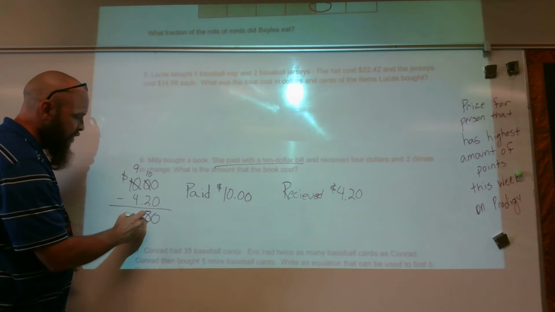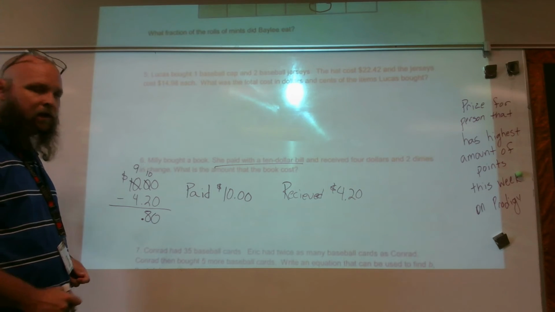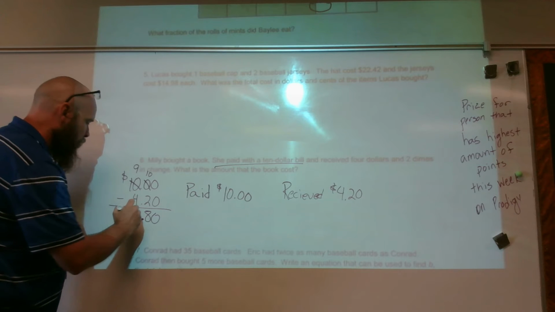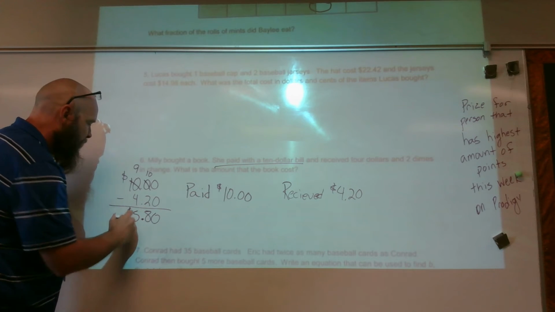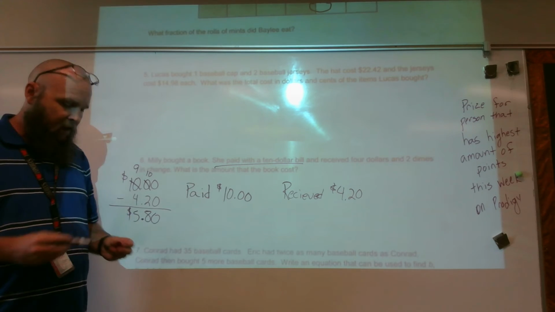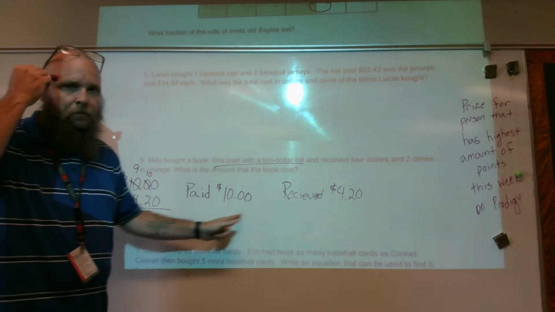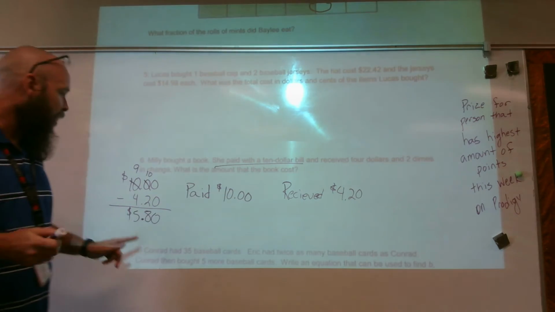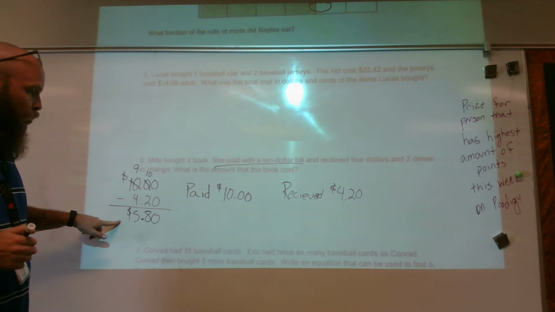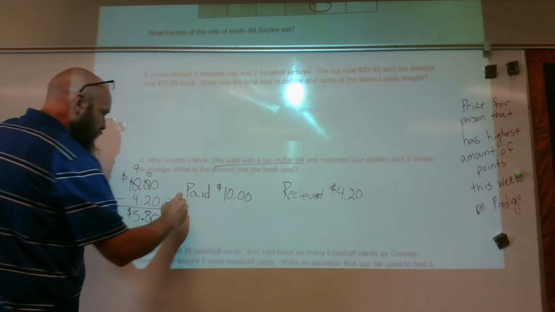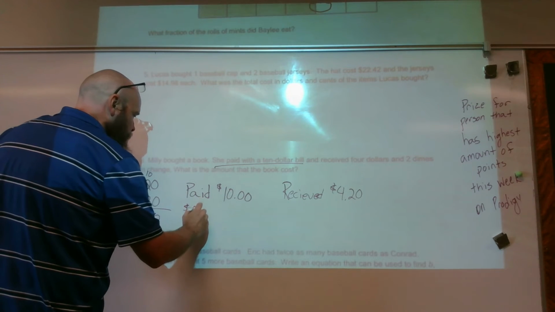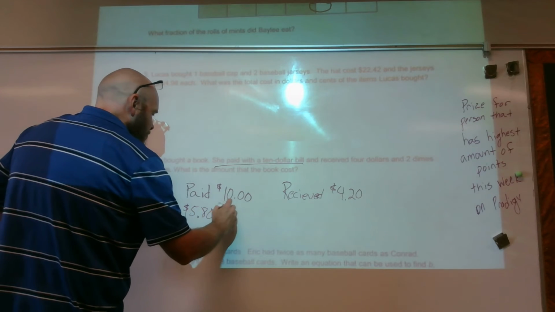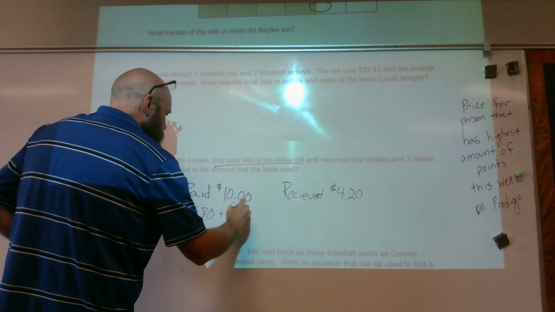Adding and subtracting with decimals, I put my decimal point straight down. 9 subtract 4 is 5. We said it should be a little less than 6 when we did our mental math and our thinking. I could always check it to make sure my work was correct if I took $5.80 and added $4.20.